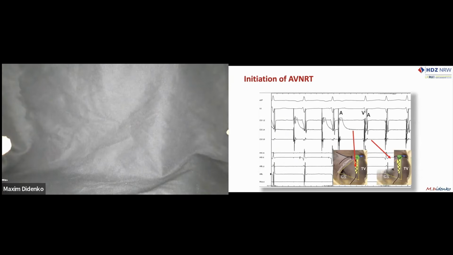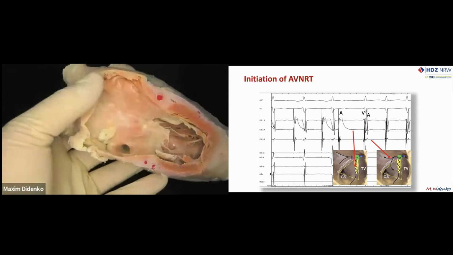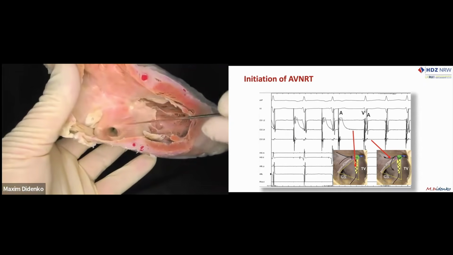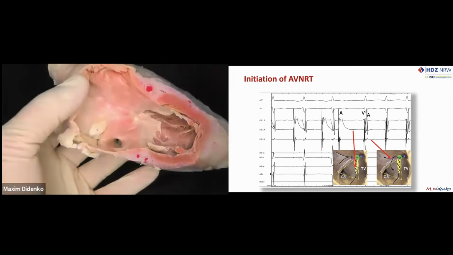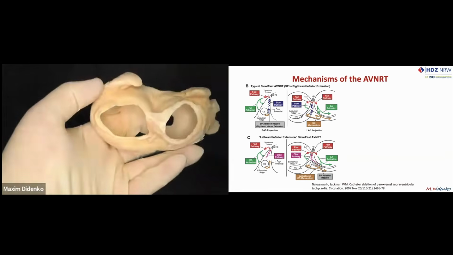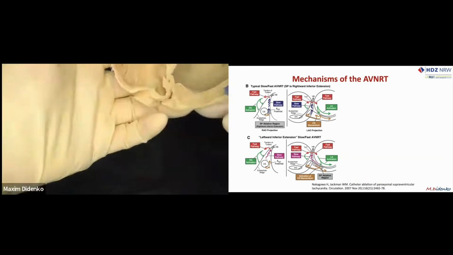Usually we understand the arrhythmia like this, in the so-called 2D, two-dimensional picture. So the reentry is the slow pathway coming here antegrade and retrogradely here, but in real life the story is more complex, and I will show with this specimen here.